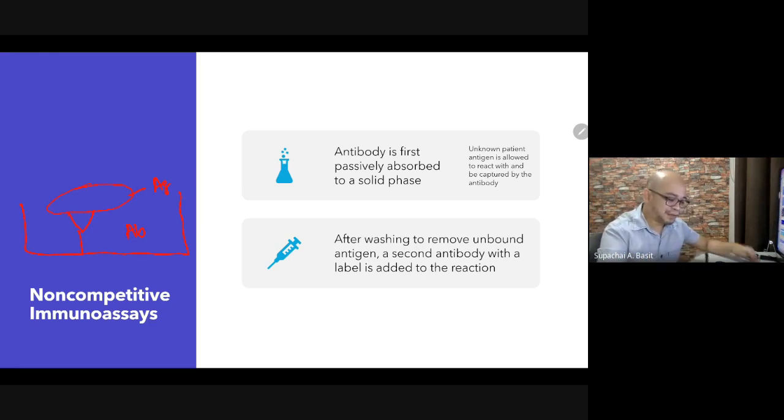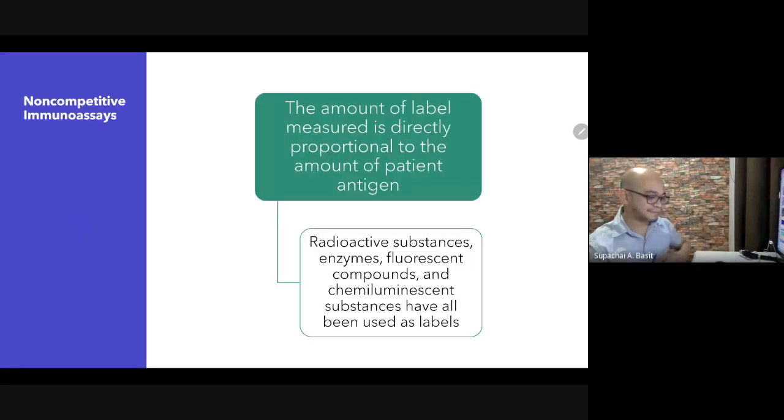After washing, unbound antigen will be removed, and then the second antibody is added. This is the simple way of illustrating the non-competitive immunoassay. There is no competition for a limited antibody binding site in non-competitive immunoassays.